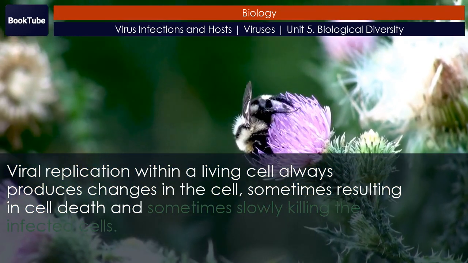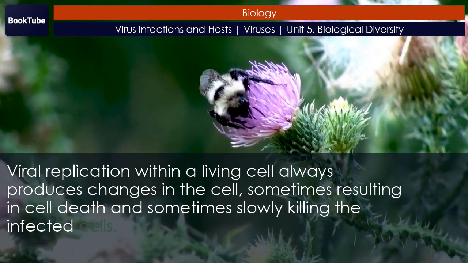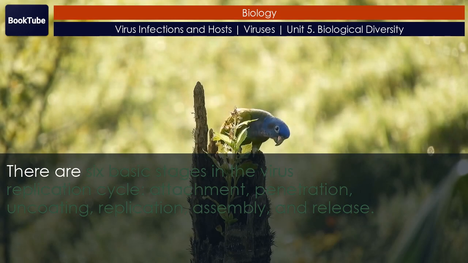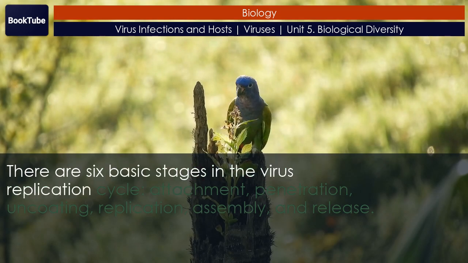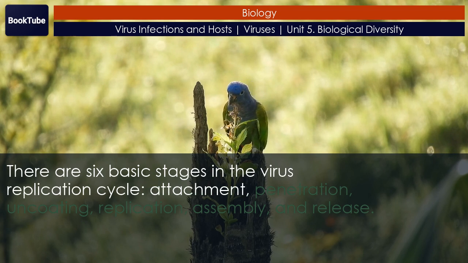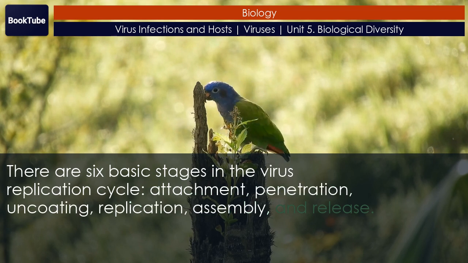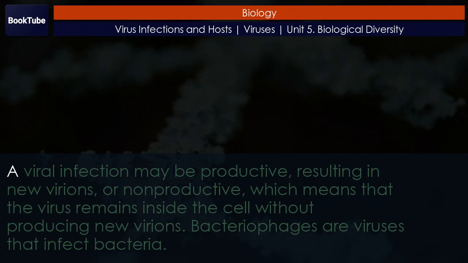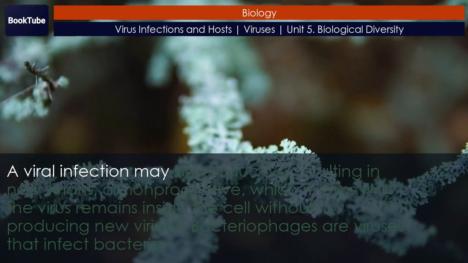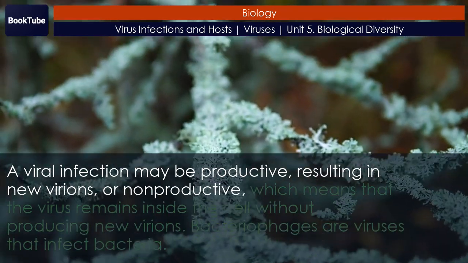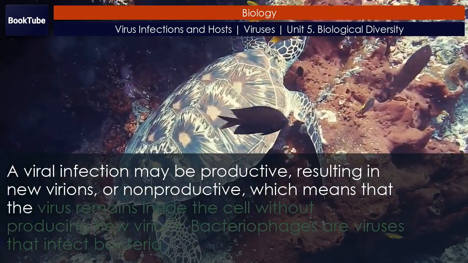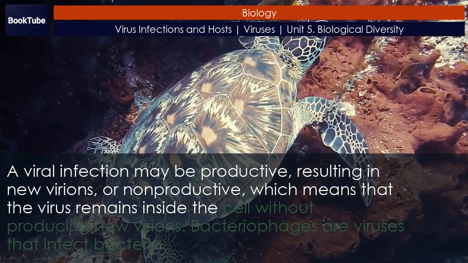and sometimes slowly killing the infected cells. There are 6 basic stages in the virus replication cycle: attachment, penetration, uncoating, replication, assembly, and release. A viral infection may be productive, resulting in new virions, or nonproductive, which means that the virus remains inside the cell without producing new virions.